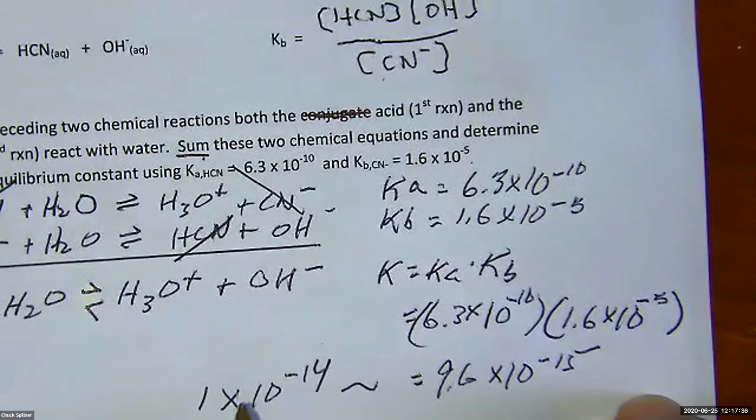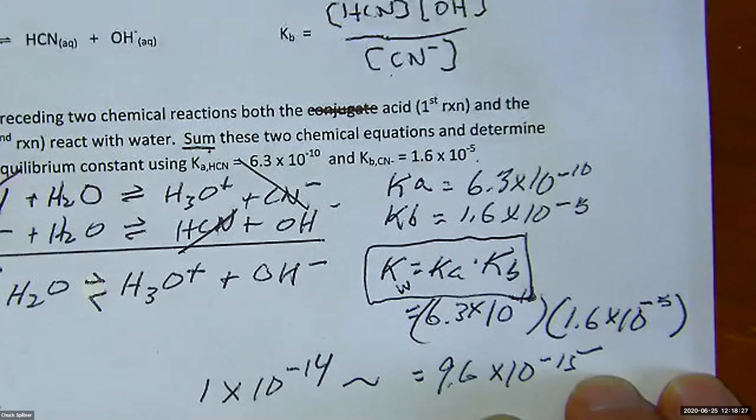So if you know Kw is Ka times Kb, if you know Ka, you can calculate Kb. If you know Kb, you can calculate Ka. In some problems, you have to do that. Some problems you'll be given Kb, but you need to know Ka. Well, they're related through the Kw, the ion product constant for water.